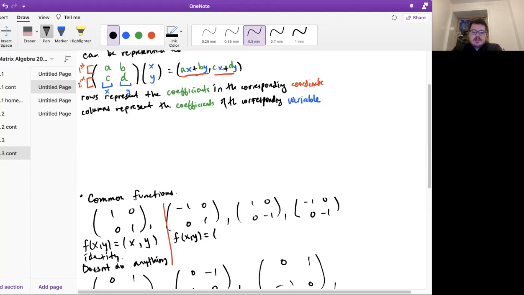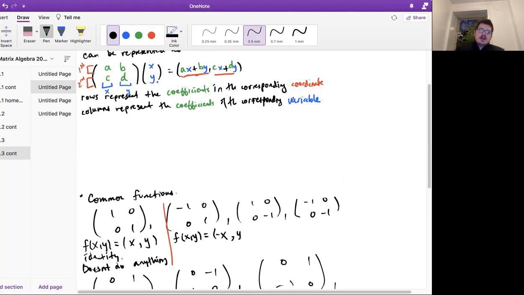Yes, negative x, y. The negative 1 in the first row, first variable means there's a negative 1 x. There are 0 y's in the first coordinate, and then there's y.